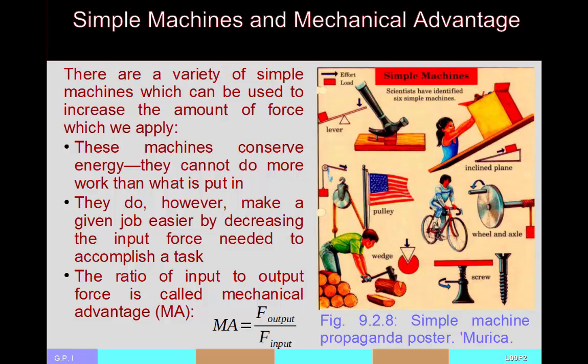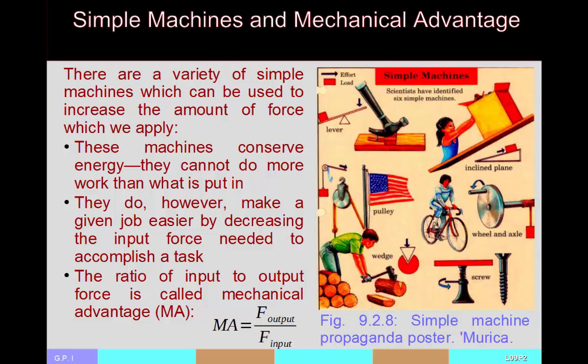It takes the amount of force that you put into the system and enhances it by applying more force to whatever object, whatever load you're trying to move, than the force that you're necessarily having to put in. You may think of it as a way of decreasing the amount of force that you have to put into a system to accomplish a given task.